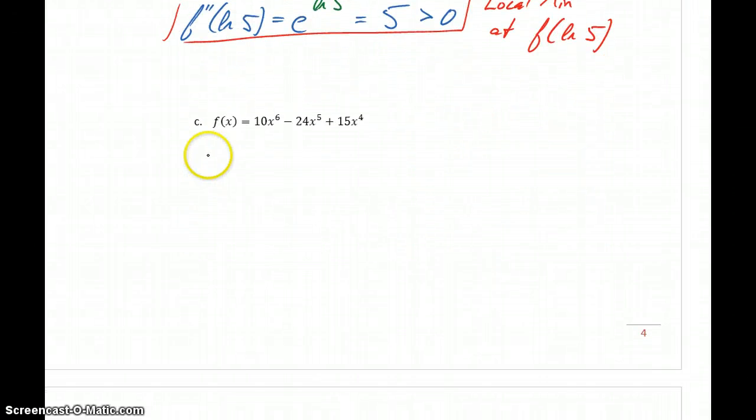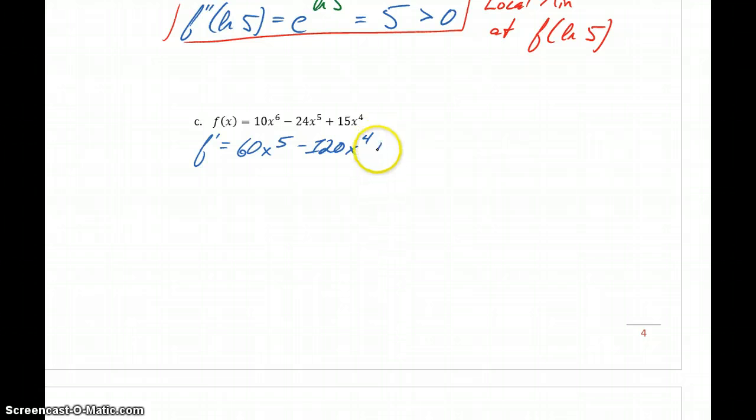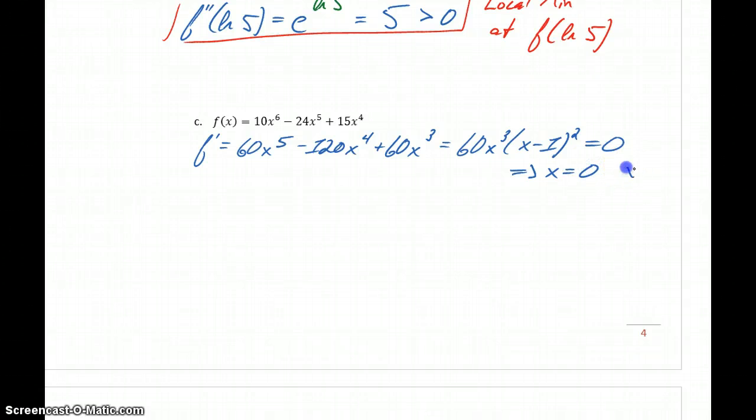In part C, again the same idea, we'll take the first derivative, which will be 60x to the 5th minus 120x to the 4th plus 60x cubed, which will give us 60x cubed times x minus 1 squared. Setting that equal to 0 gives us x equals 0 and x equals 1 as our two solutions.